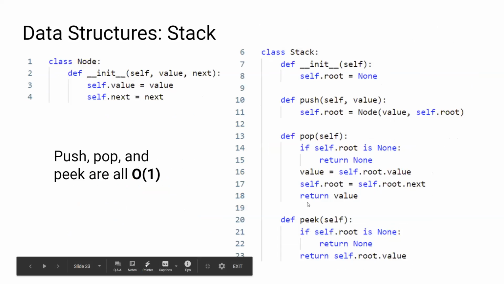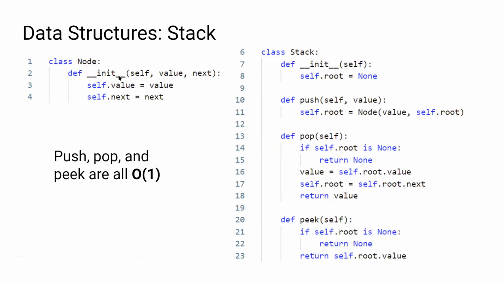So what that'll look like in Python, these nodes, right? There's our initializer. It's just got the value in the next node, 2 properties. And then our stack, we have the initializer. We initialize the root to none. Our push operation, we basically replace the old root with a new node.